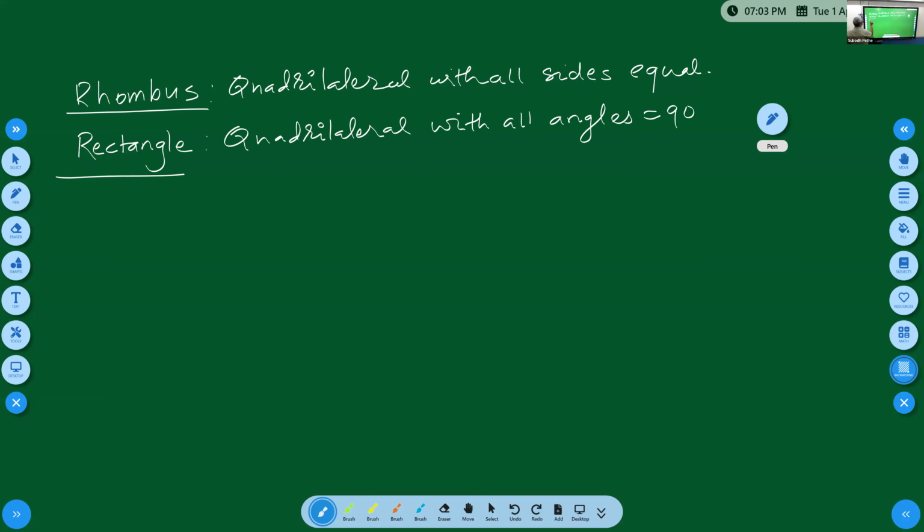Where all angles are 90 and all sides are equal.